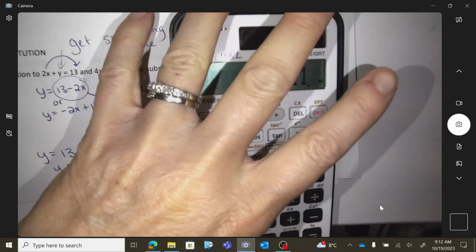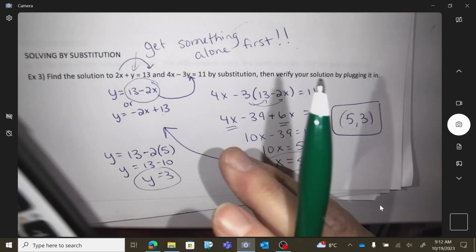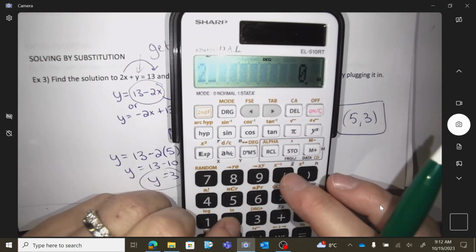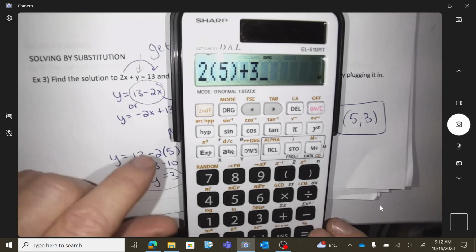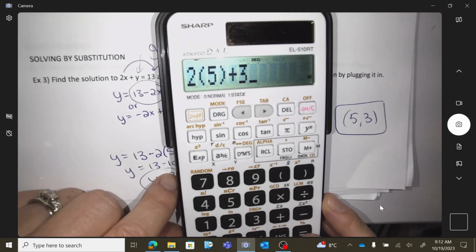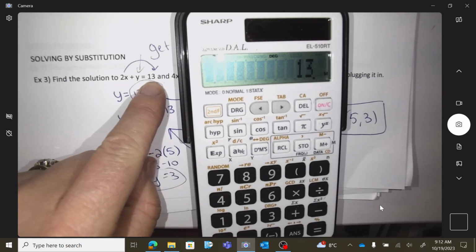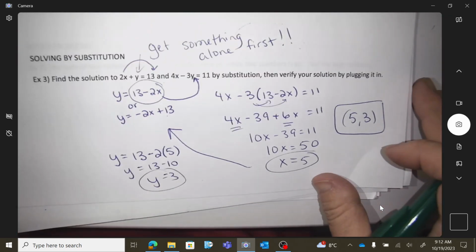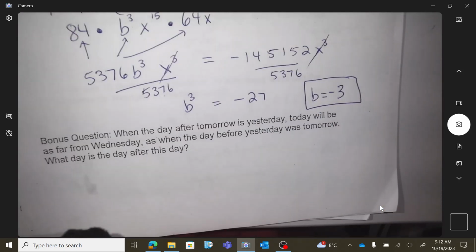And it did. Okay, so then I know that that works. And then I would do the same thing over here. 2x plus the y. And when I enter this equation, it should say 13. And it did. So we are right. Okay, you know if you're right on the test.